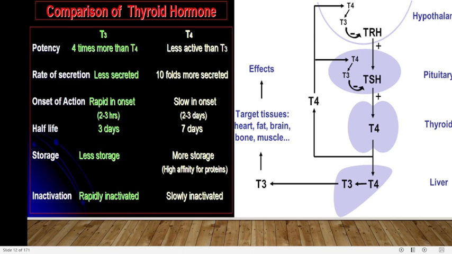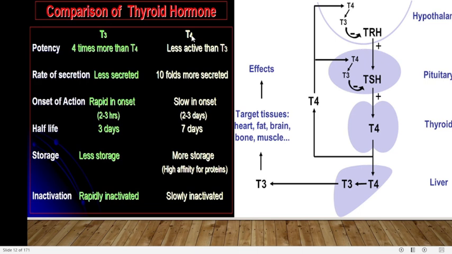Comparison of T3 and T4. We compare in terms of potency, rate of secretion, onset of action, half-life, storage, and inactivation. In terms of potency, T3, that is triiodothyronine, is 4 times more potent than T4.